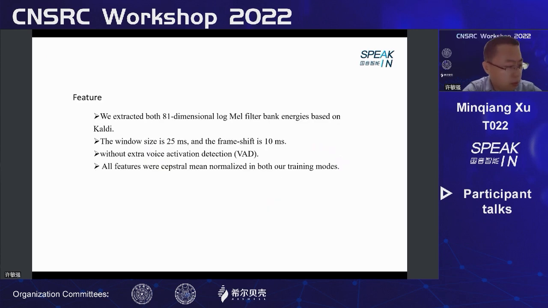We extract 41-dimensional FBank as features. The window size is 25 milliseconds and the hop is 10 milliseconds. We do not use VAD in our systems, and all features were processed using CMN.